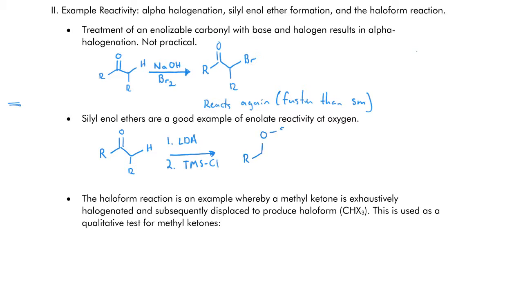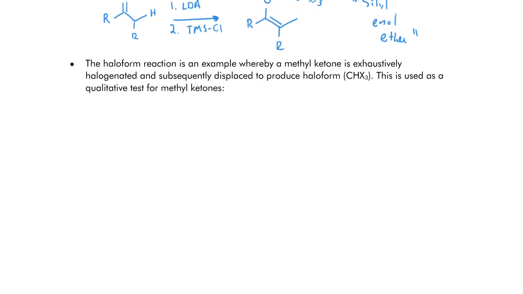It turns out that the silicon, that silyl, reacts with the oxygen. So this is an example of reactivity at oxygen instead of at carbon. And these silyl enol ethers are useful in synthesis because they react like enols, and they can be isolated unlike enols.